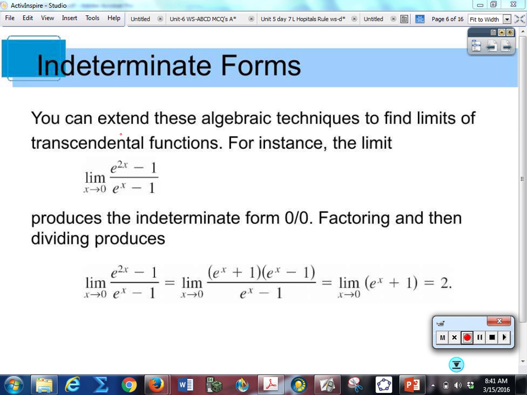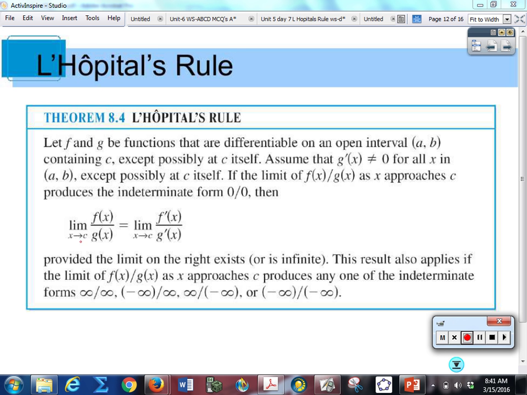Like this one, if you couldn't think of how to factor this, then you could use L'Hopital's rule and it would make it way easier. So right now, this one they're factoring it and then you get 2. But L'Hopital's rule says if you have a function and as x approaches c, when you plug in c, you get indeterminate form.